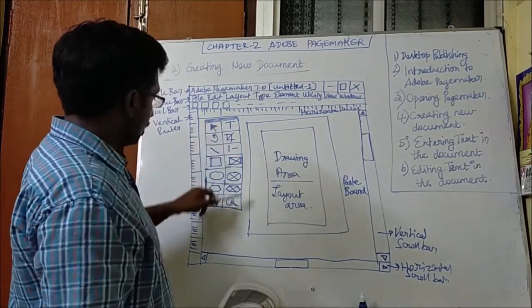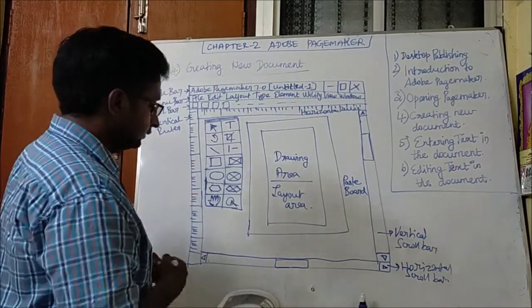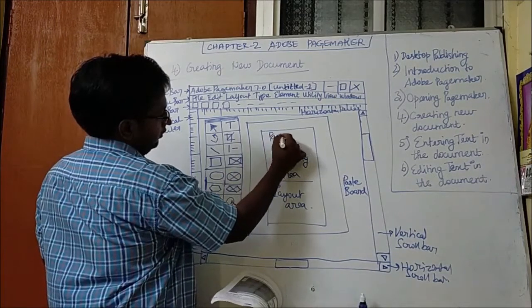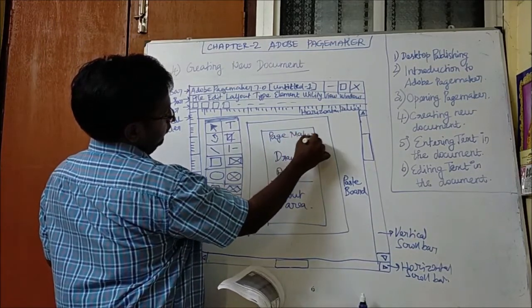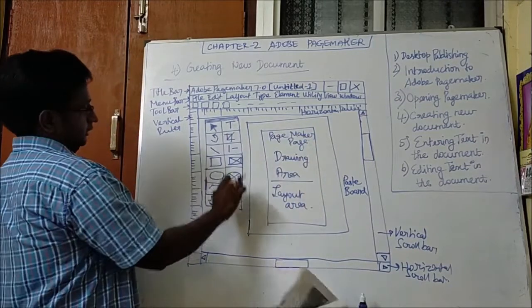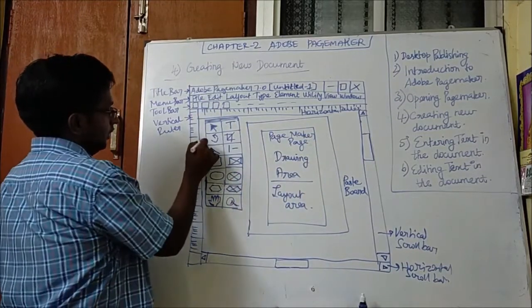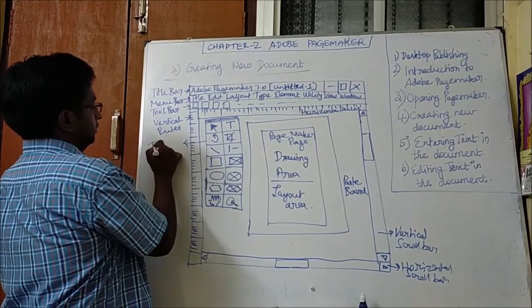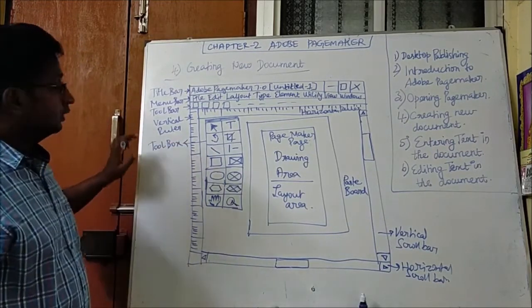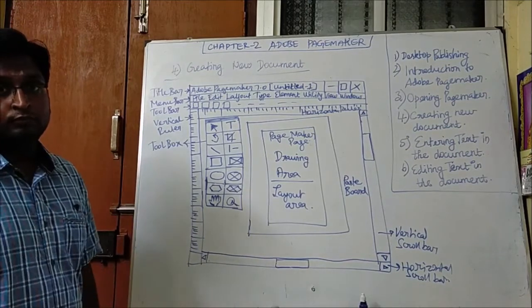So this box is called the PageMaker page. This box is the toolbox. Toolbar is different, toolbox is different.